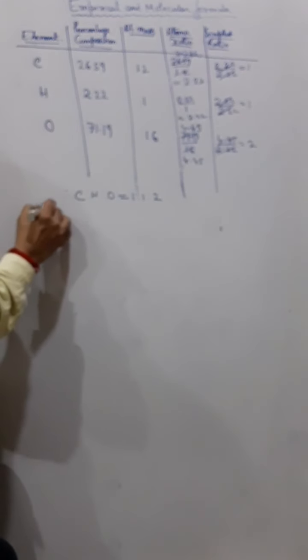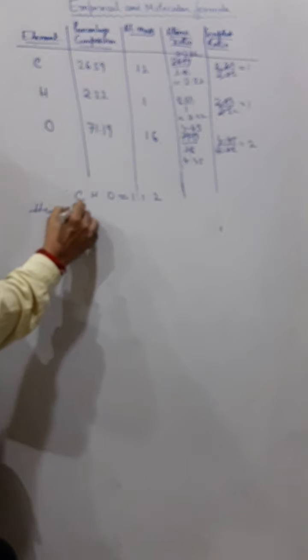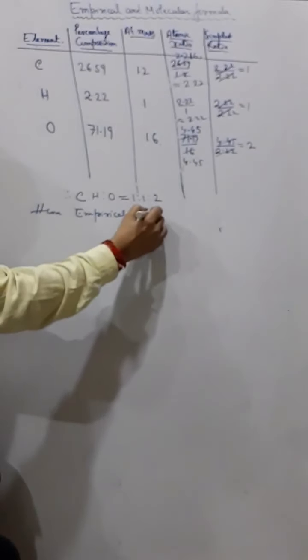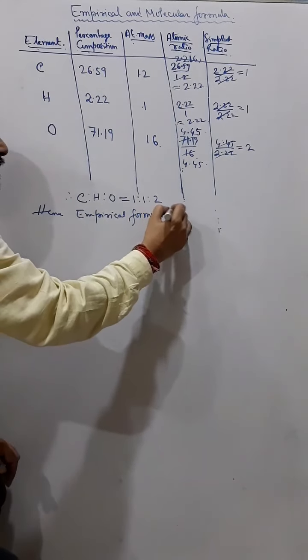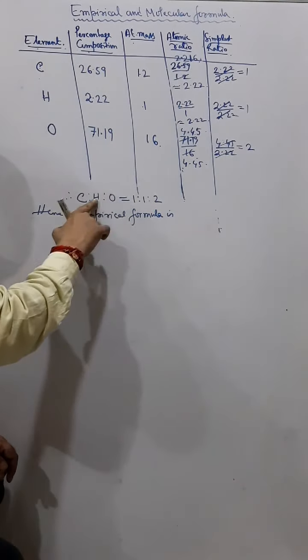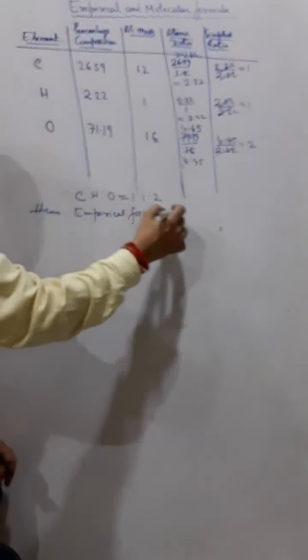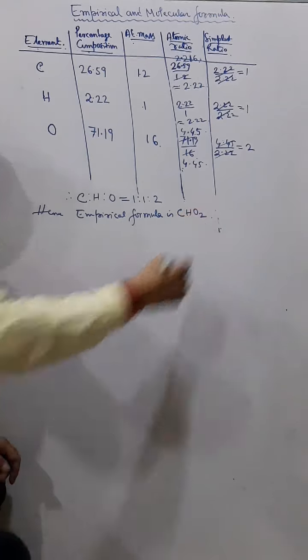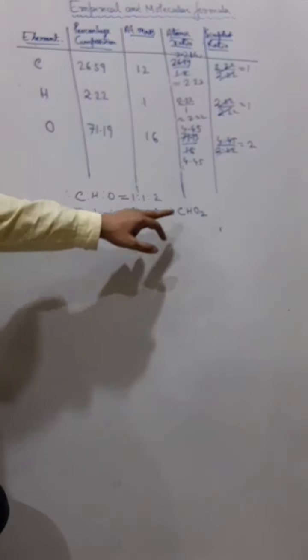Hence we can say that the empirical formula is C1H1O2, and as you know we don't write 1, so directly we write CHO2. So we write CHO2, and this is the empirical formula. So this is how we get the empirical formula.